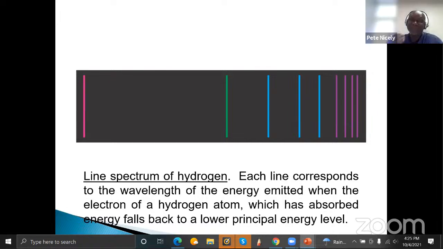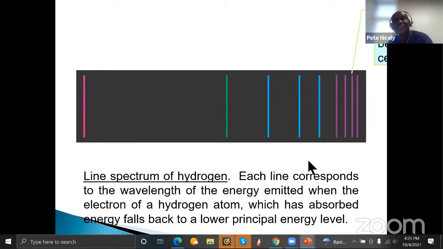Initially, because of the electrical discharge or the heat that is applied, the electron will be promoted to a higher energy level, but that's a very unstable state. So those electrons will fall back to lower energy levels and emit light of a particular wavelength or frequency, which is represented by these lines right here.